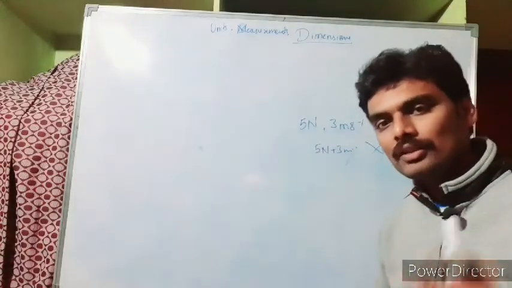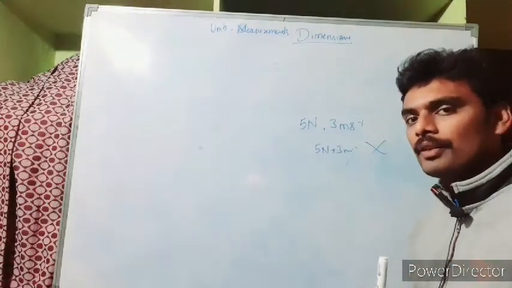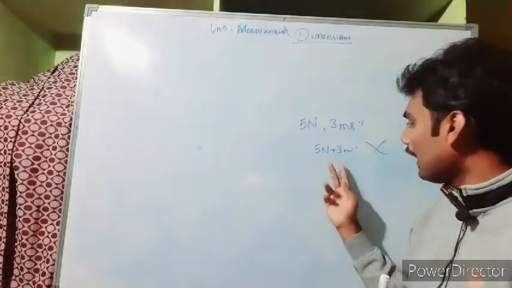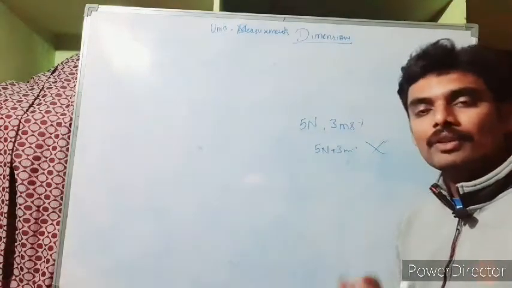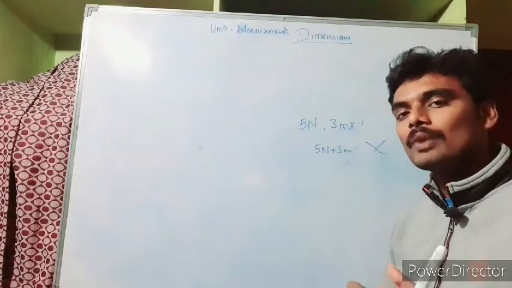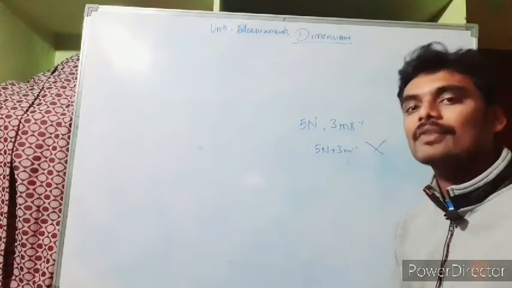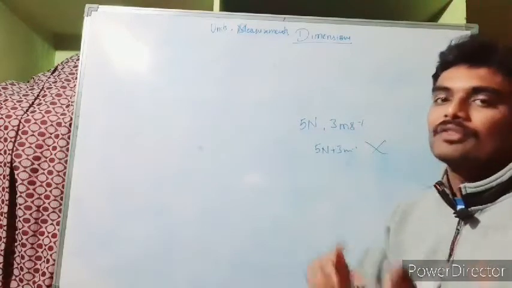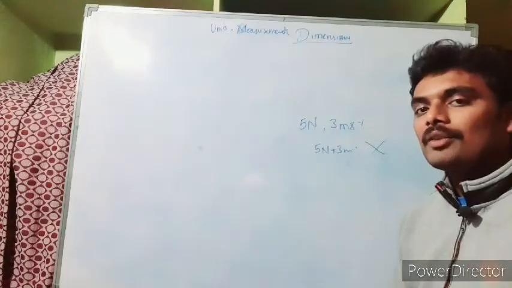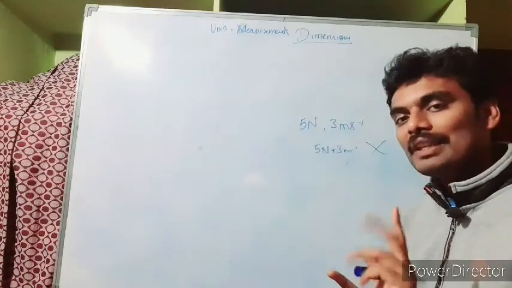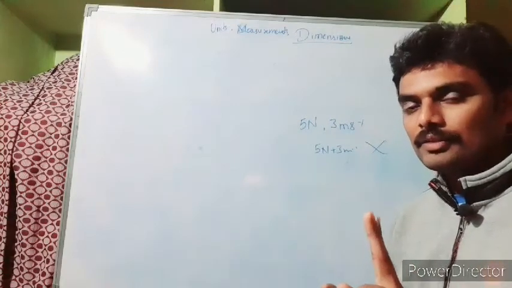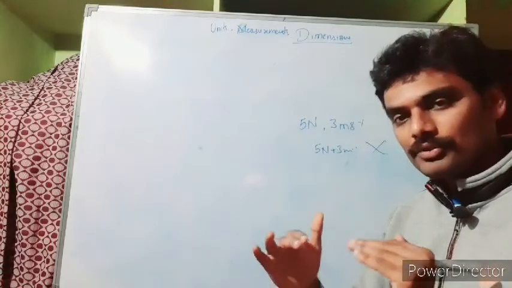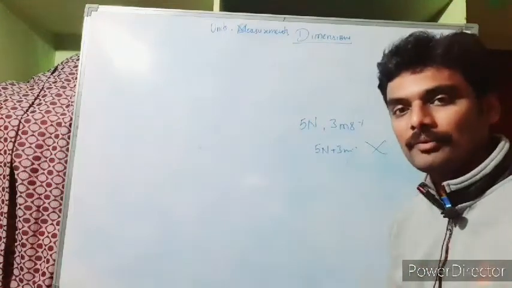So the basic rule that we're going to follow is, when we want to add or subtract or equate two quantities, those two quantities must have the same unit. They should be of the same quantity. When we equate, it all comes to the level of dimensions now.